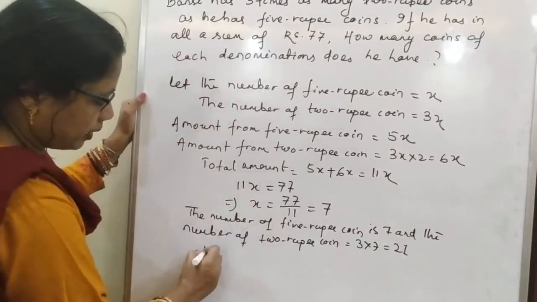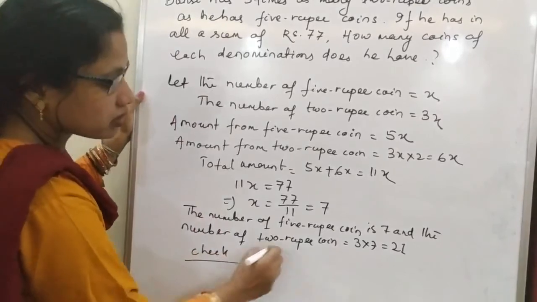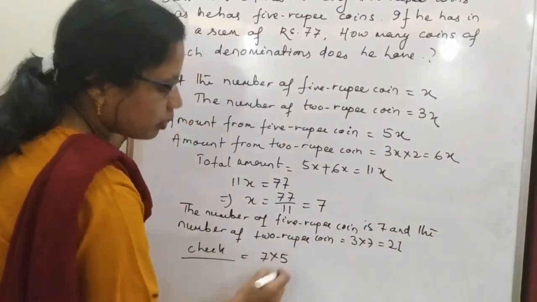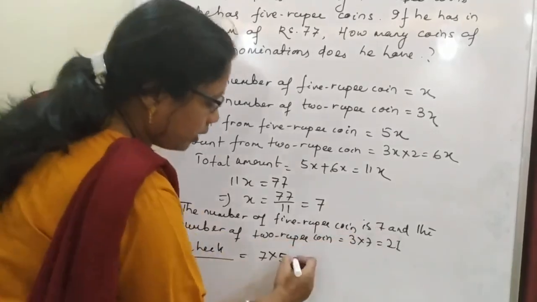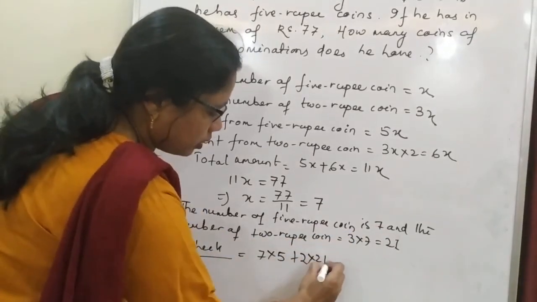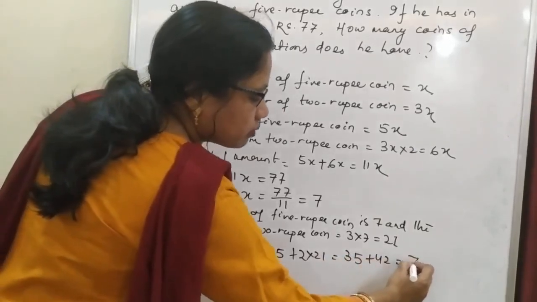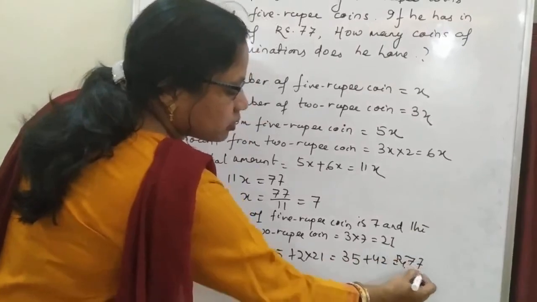So we can verify. What is the amount from 5 rupee coins? That is 7 multiplied with 5. What is the amount from 2 rupee coins? Plus 2 into 21, is equal to 35 plus 42, is equal to 77 rupees. So this is our answer.